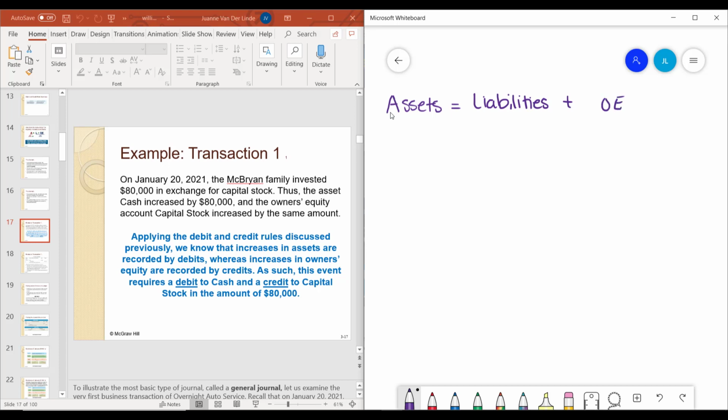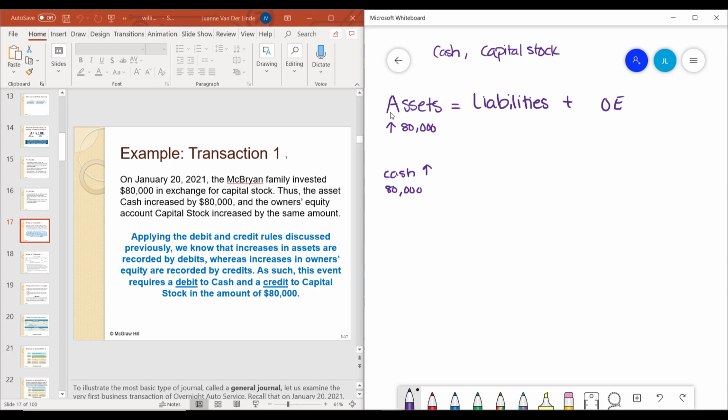So here, the family invested $80,000 in exchange for capital stock. So there's two things involved here, right? We have the cash account and the capital stock account. Okay, so assets are going up in the amount of $80,000, but specifically it's the cash account that's going up by $80,000.